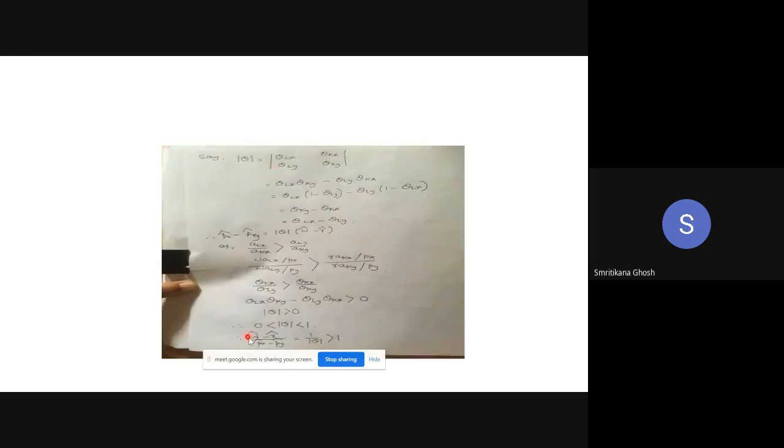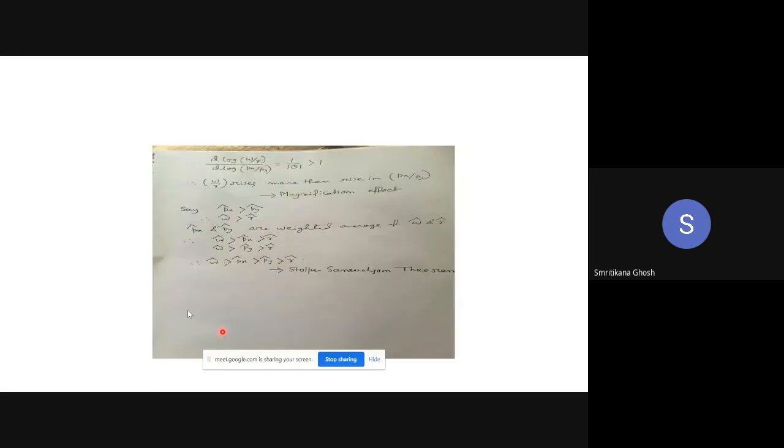If you differentiate log w by r, it will be dw by w minus dr by r, and this is what you have here, w hat minus r hat. So you can write d log w by r by d log px by py equal to 1 by determinant theta, which is greater than 1.